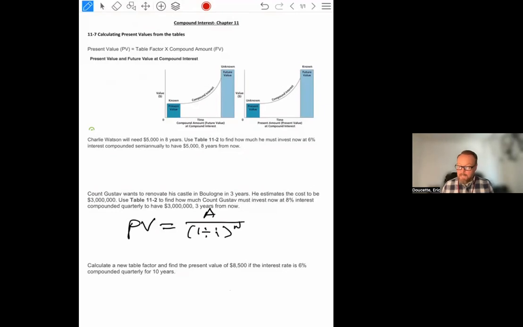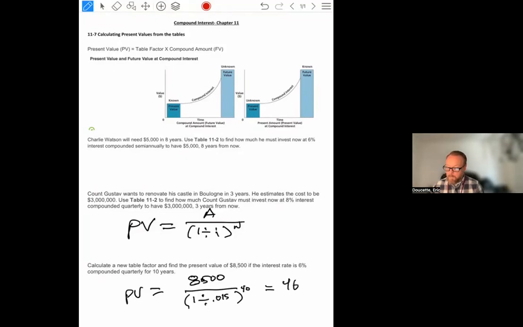So if I take that last problem we just did, the present value would be the compounded amount, which is 8,500, divided by 1 plus the interest rate, which is 0.015, that was 1.5%, raised to the 40. So that would be the formula filled out. And if I did the math on all of that, it would come out to the 4,685 whatever it was in the last problem.